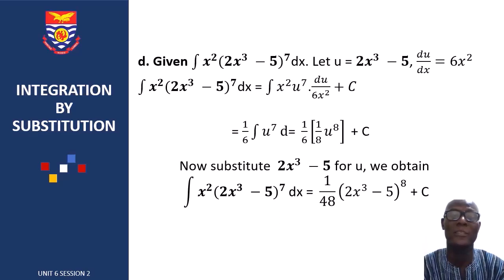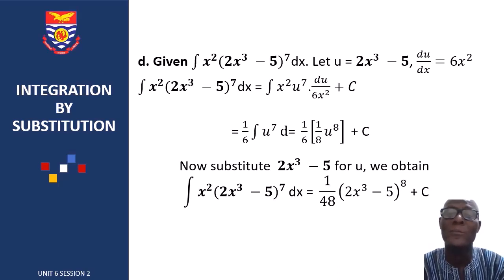x squared into braces 2x power 3 minus 5 power 7 dx equals the integral x squared. In place of the binomial, we write u, so we have u power 7. Then in place of dx, we write the dx in terms of u, which is du over 6x squared, then plus c.